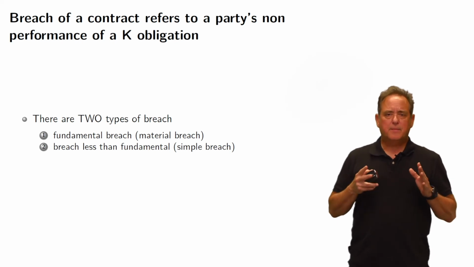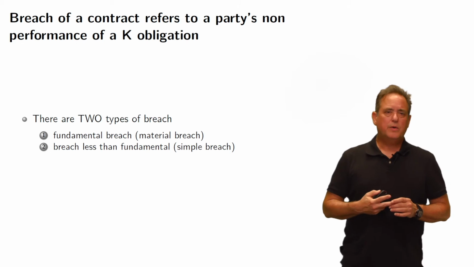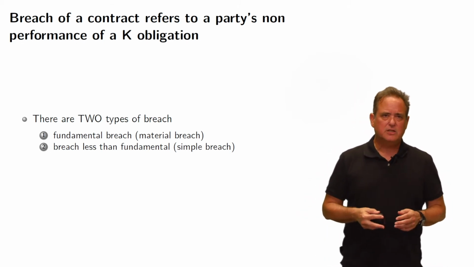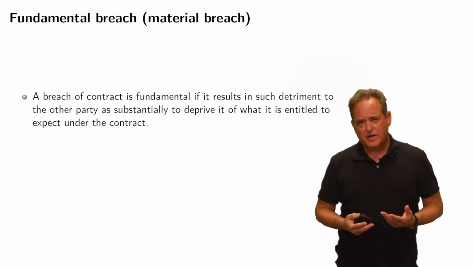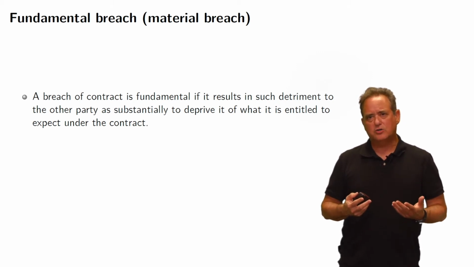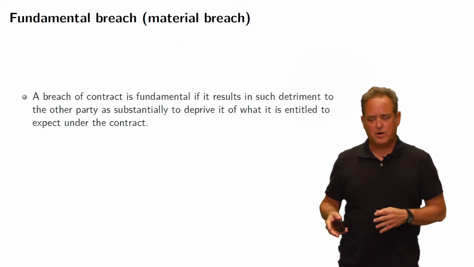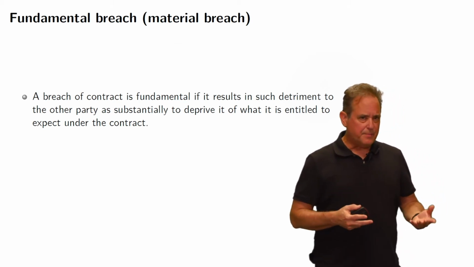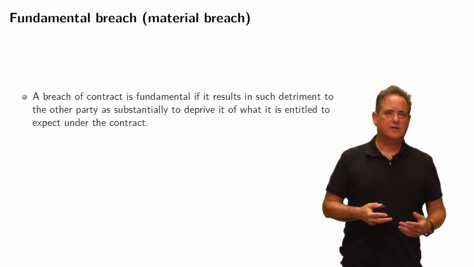Those things would be regarded as a simple breach. When we talk about material breach versus simple breach, what we really are looking at are the expectations of the parties. And a fundamental breach occurs when it results in such detriment to the other party as to deprive that party of what it's entitled to expect under the contract.